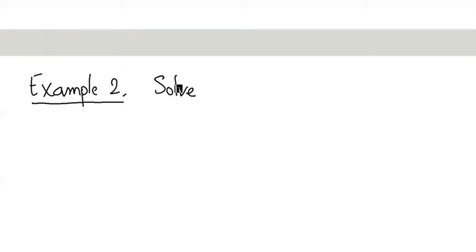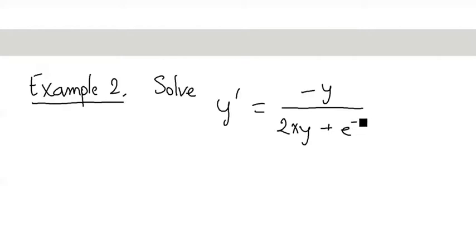Now let us look at another example. We want to solve the equation y prime equal to minus y divided by 2xy plus e to the negative 2y.